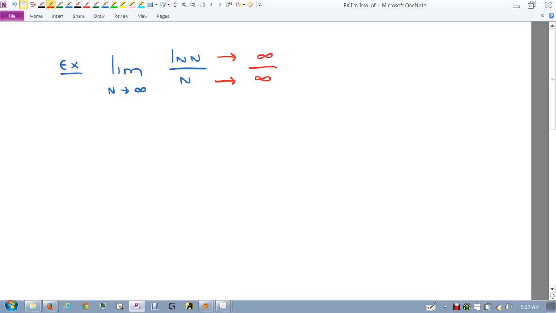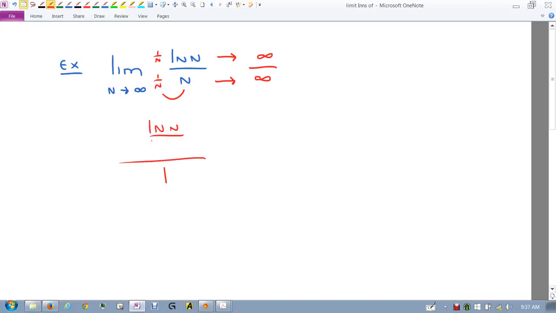So you're waiting to pull out the L'Hopital rule on this, but you can't. So you try that 1 over n thing. If you do that, you're going nowhere also. Look, if I do 1 over n here, 1 over n here, on the bottom I get a 1, but on the top, what do I get?